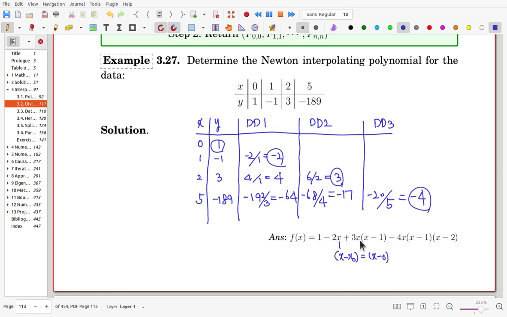Then plus 3 times x minus x0, x minus x1, where x1 is 1. And finally, minus 4 times x minus x0, x minus x1, x minus x2. That's the final answer for the problem.